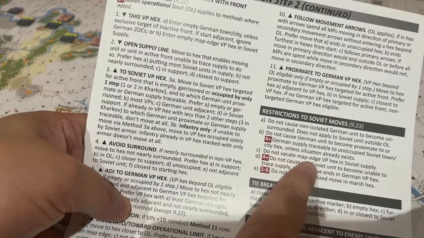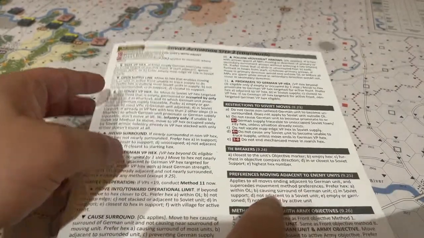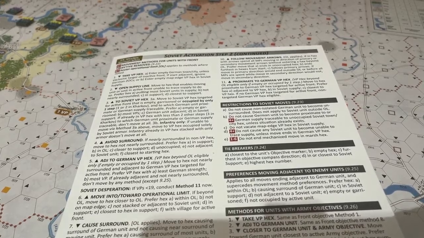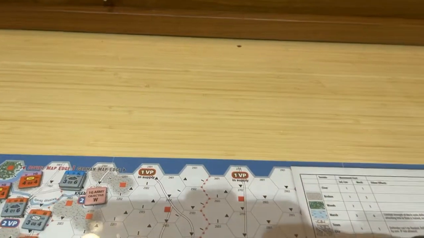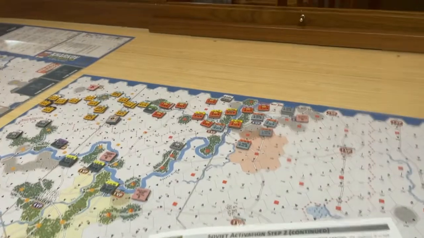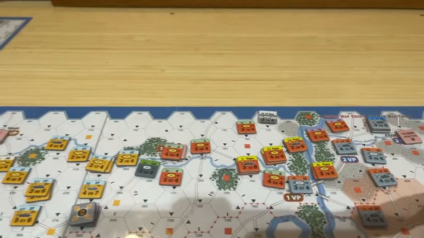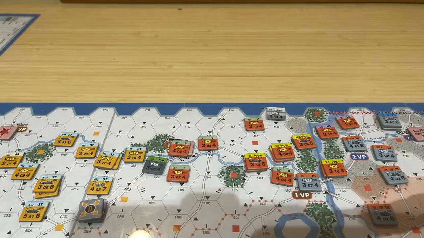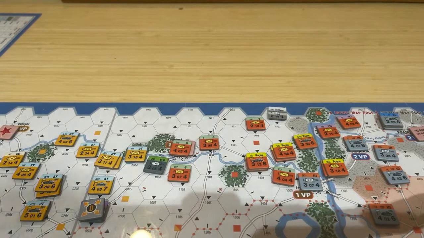So what is a map edge VP hex? I think map edge VP hexes are these. See those VP hexes that are on the map edge? So do not vacate those. What I was looking for is whether this particular unit is vacating a VP hex if it moves, and that's the problem I was looking at.